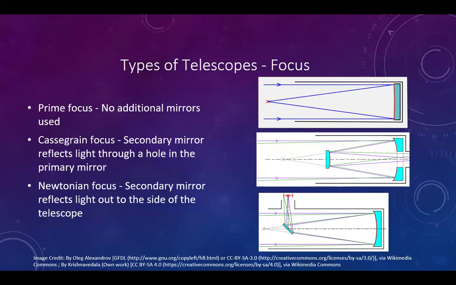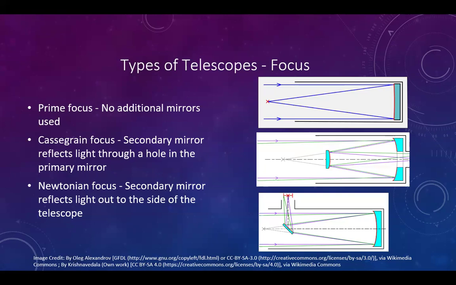So, when you're dealing with reflecting telescopes, we can divide them based on how they get the light out. It's what they're called their focus. So the simplest is a prime focus. It has one mirror at the bottom, the light focuses up at some point, and you put your detector there. Prime focus telescopes aren't that common.